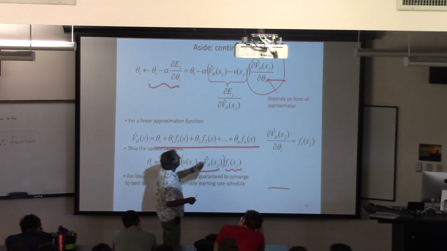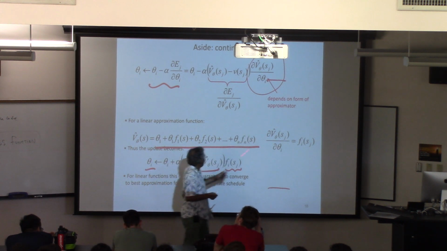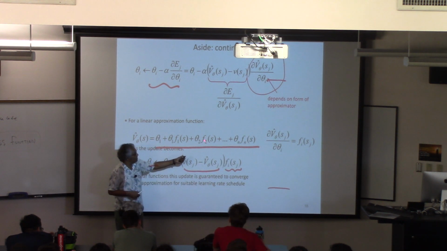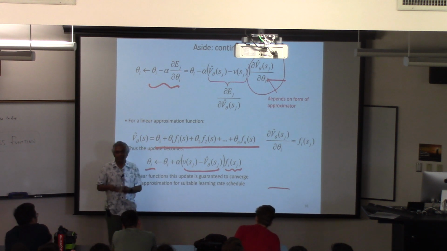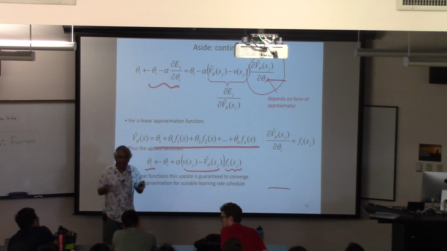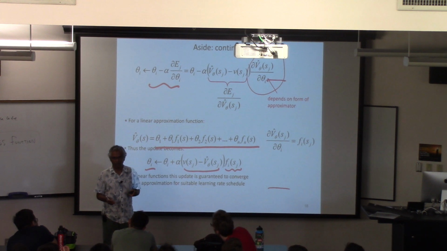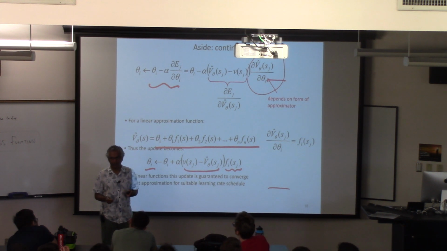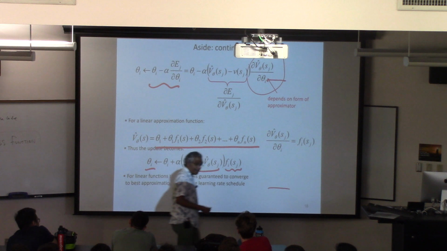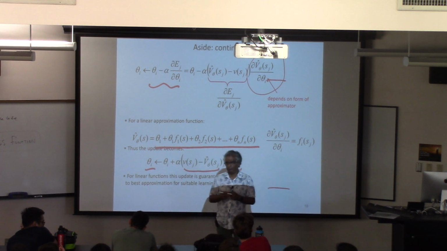And similarly, this part became just Fi for you, because the way you combined the features into value is a linear combination of features. Do you see what I'm saying? If you did something else, then you have to differentiate that function.